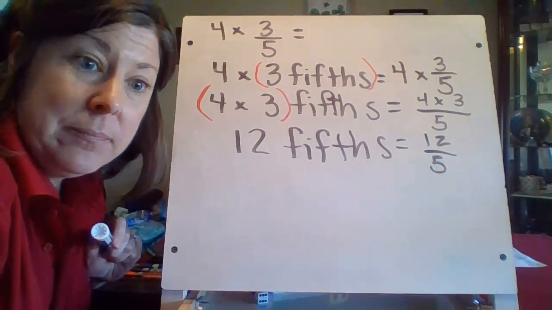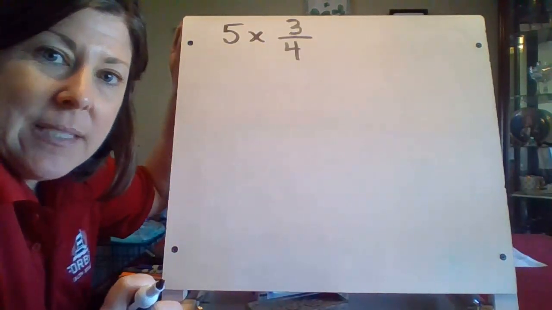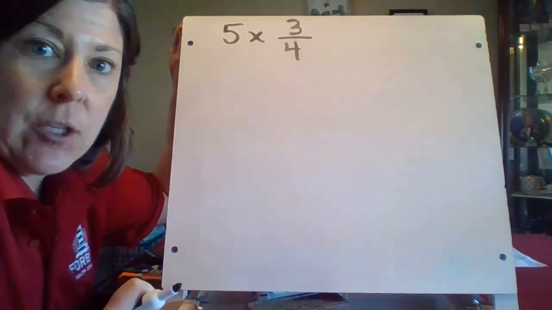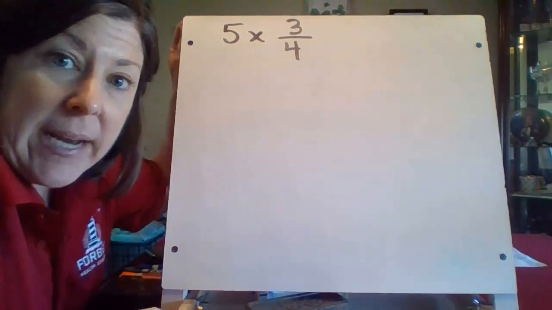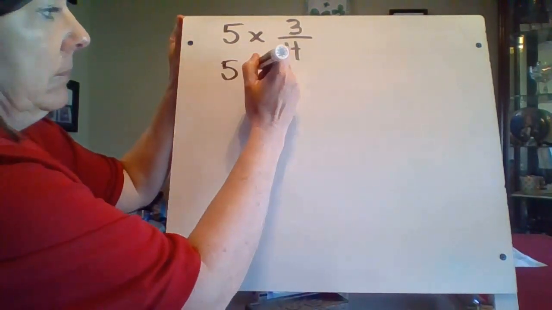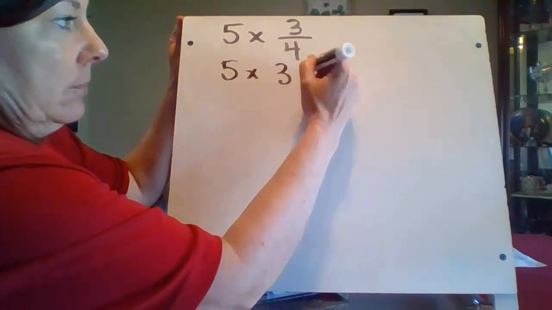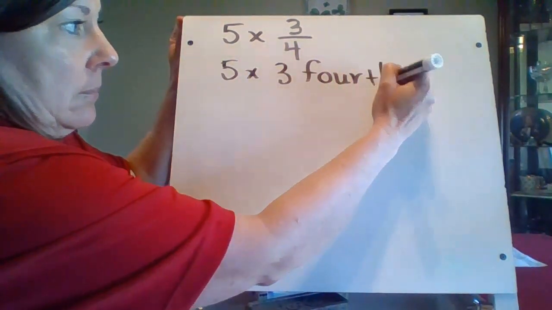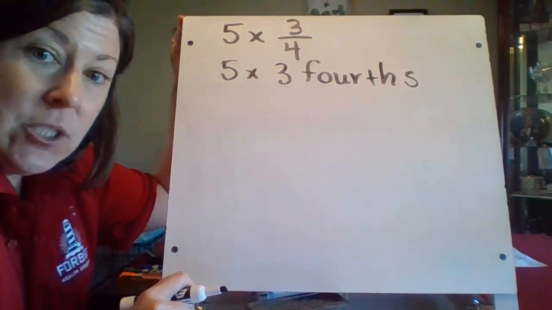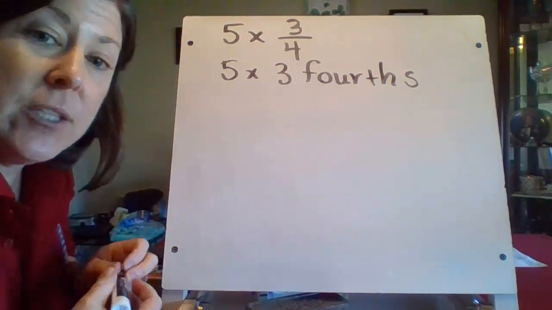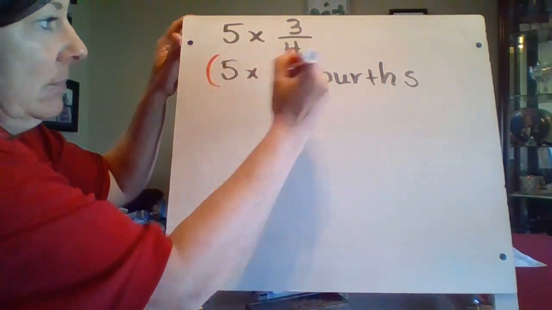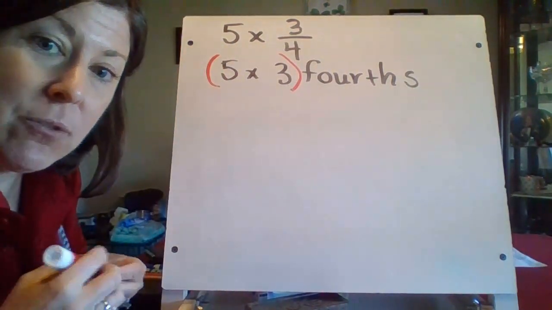Let's try another example. So now I have the example 5 times 3/4. I have 5 of the 3/4. So first I'm going to rewrite it in unit form. Then what I'm going to do is I'm going to associate the 5 times the 3.